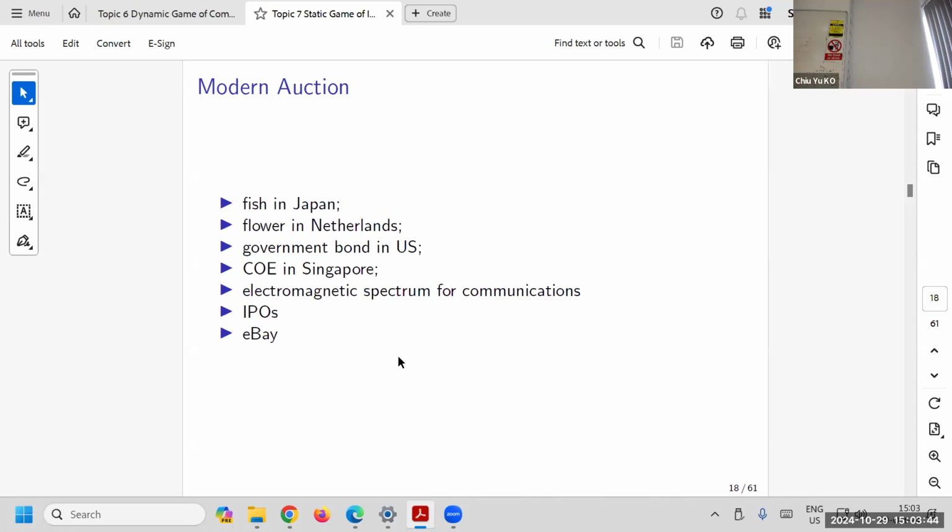And this was one of the biggest things about ten years ago when we had the 3G network. One of the reasons people say economists are really useful is that economists designed the way to sell the spectrum, the bandwidth for 3G and 4G.